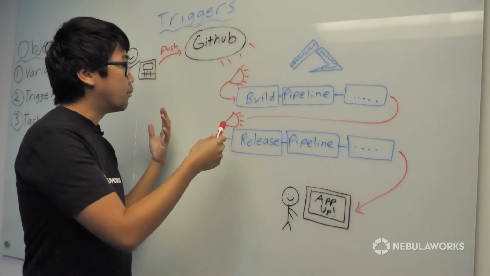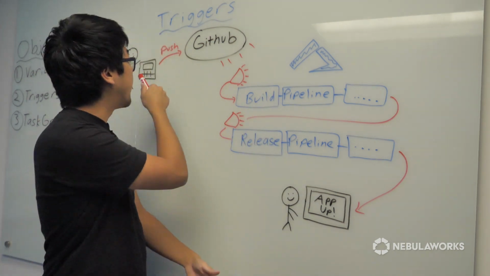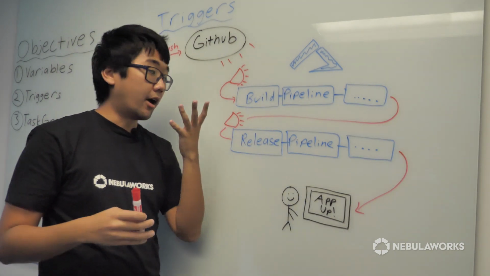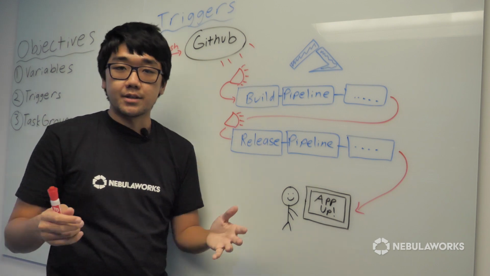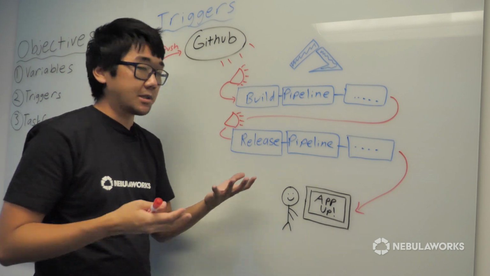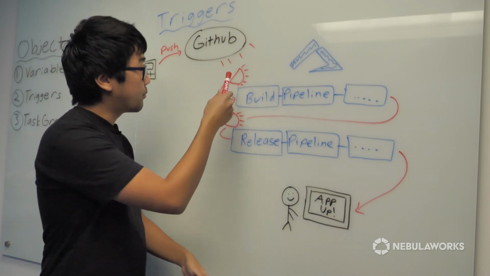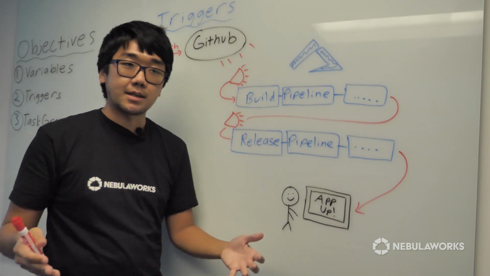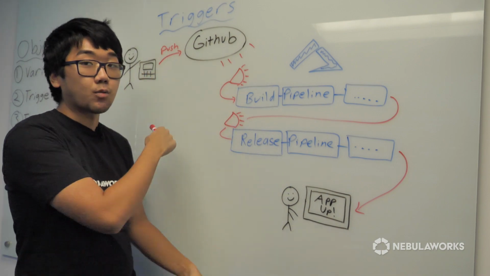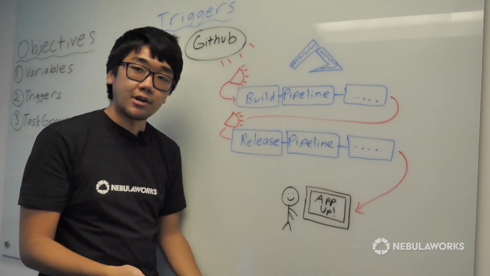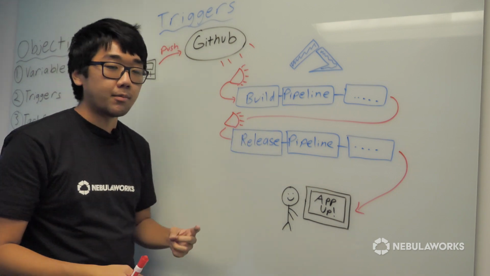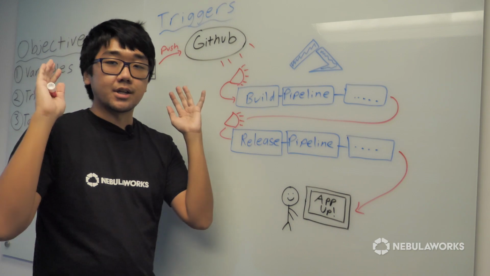He would have to manually do these tests, as well as manually push out those updates into those other stages, and that would just take a really long time. With triggers, it simplifies that process, and now all he has to worry about after the initial configuration, of course, is pushing up the code to GitHub and letting everything else do the rest.